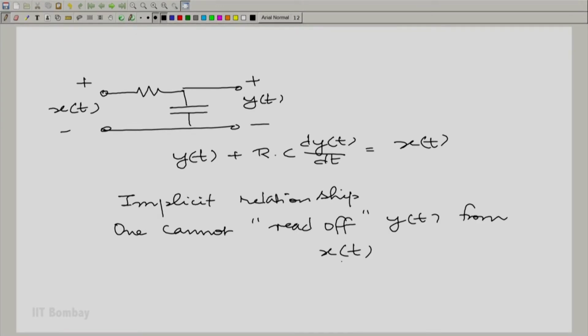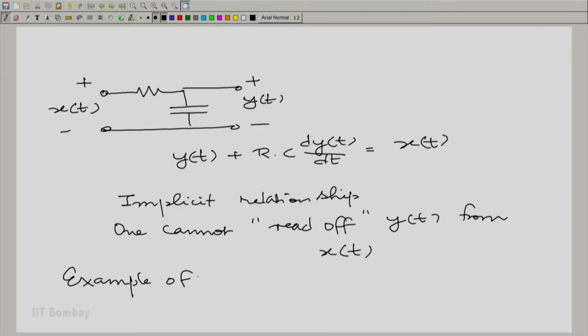What I mean by that is that I cannot explicitly say, well, y(t) can be calculated from the x(t)'s in the following way. I cannot put down a formula where y(t) is on one side of the equation and x(t), meaning x(t) at all time, is on the other. That's explicit.